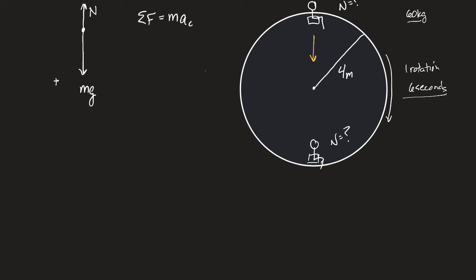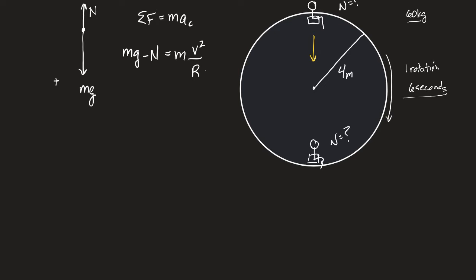So I'm going to make downwards positive, which makes mg minus normal force equal to mv squared over r. Any question about any of these choices?